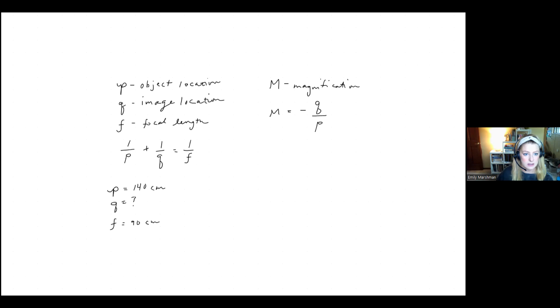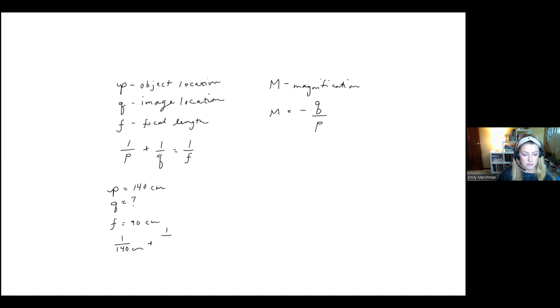Okay, so let's apply this mirror or lens equation. So we're going to do 1 over 140. As long as all of the units are the same, you can stick with it. So if they're all centimeters, you can use centimeters. If they're all in meters, then use all meters. Okay, so I will just stick with centimeters. Plus 1 over Q, we're looking for Q, so we will leave that there.